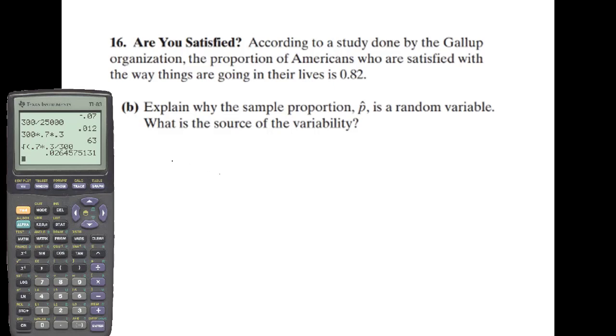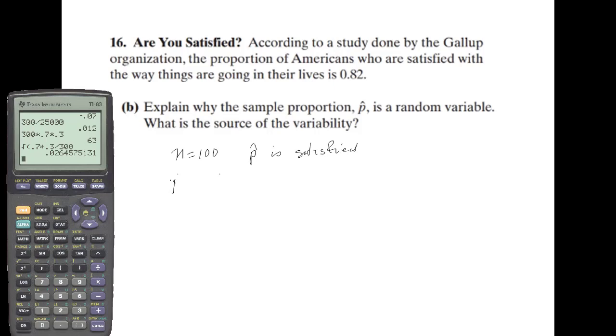All right, so the next one here: explain why the proportion p hat is a random variable. We have n equal to 100, and we asked the people, are you satisfied? And so p hat is the proportion satisfied. So that makes it a random variable. What is the source of variability? Well, people can say they are satisfied or not satisfied.